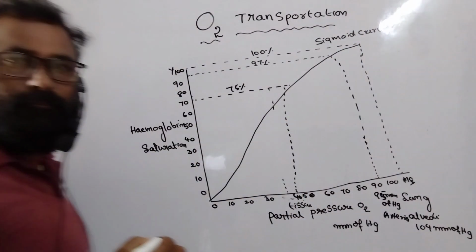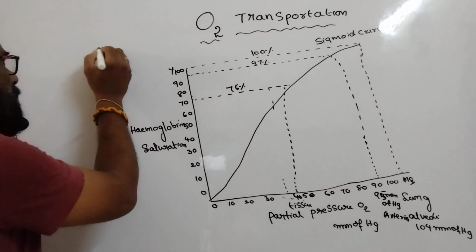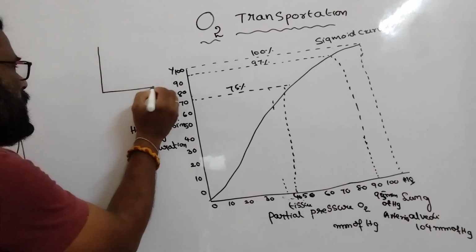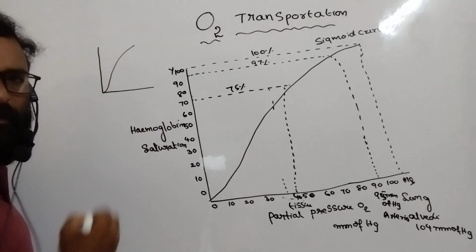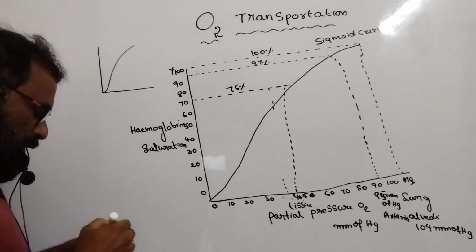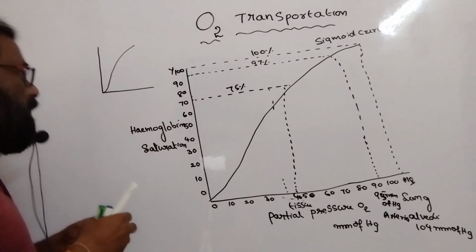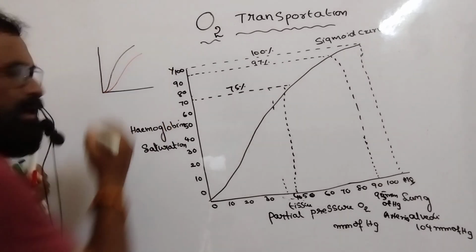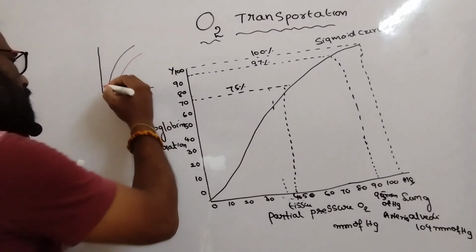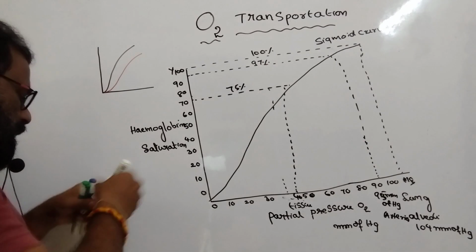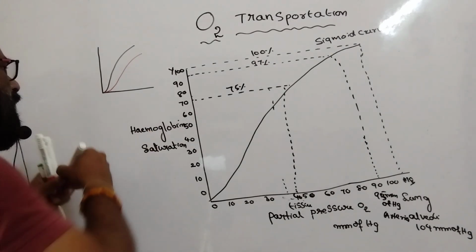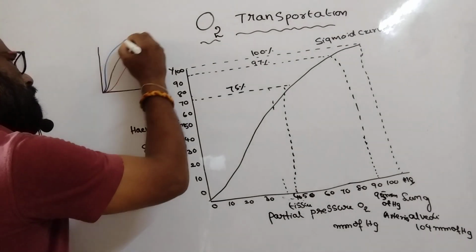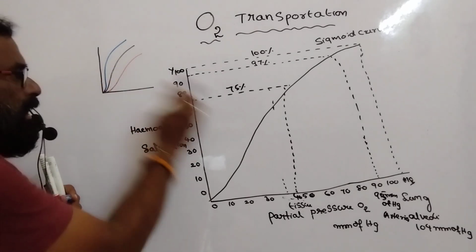This is the normal sigmoid curve. The sigmoid curve is deviated like this.